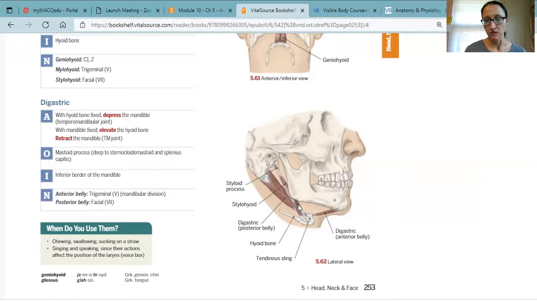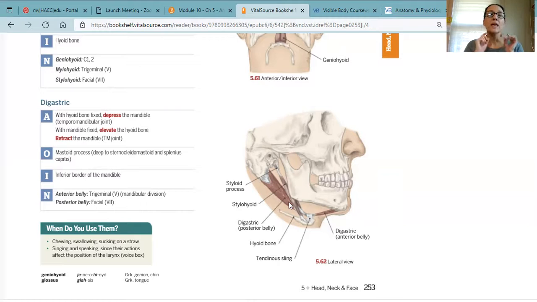And you can see how it might do that. It pulls it down and back, okay? Again, I don't need you to know the origin or the insertion, just the action of digastric. So anytime you use your tongue and your mandible in depression and tongue elevation, like when you're sucking on a straw, that's going to be the suprahyoids.